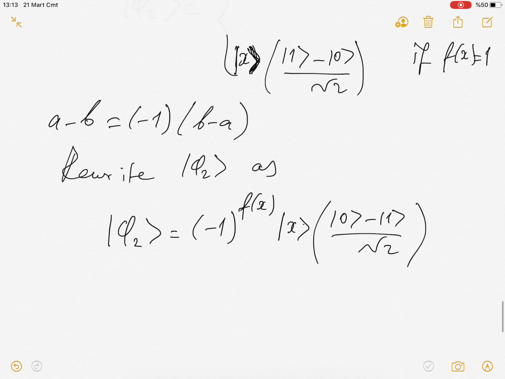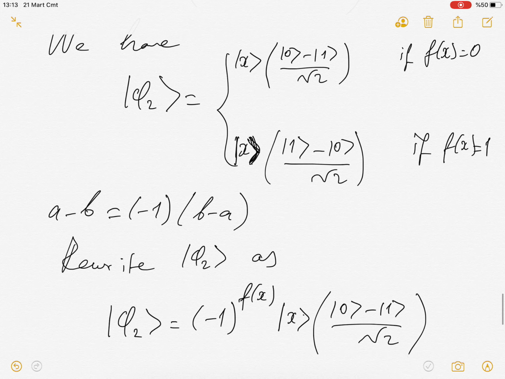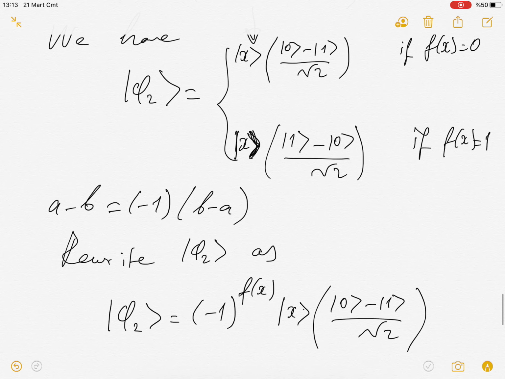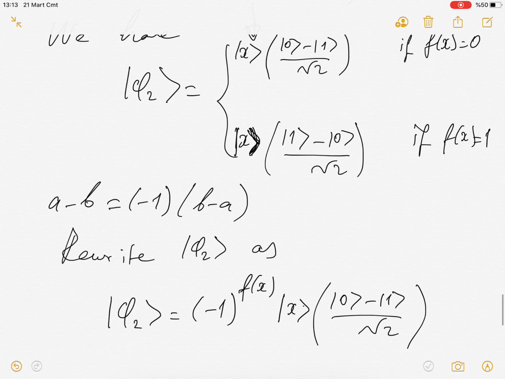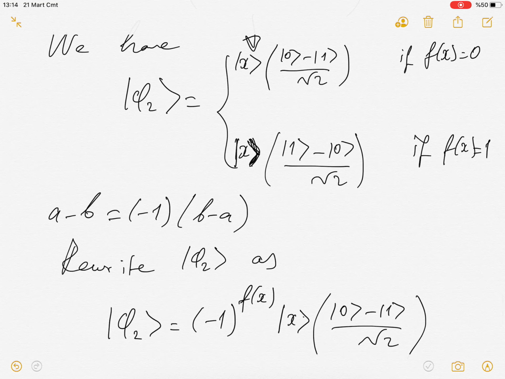All right, so what happens if we measure either the first qubit or the second qubit? Now, if we measure the first qubit, it's in an arbitrary state. It could either be 0 or 1, so we have no information about the first qubit. And if we measure the second qubit, again, it doesn't give us any information.